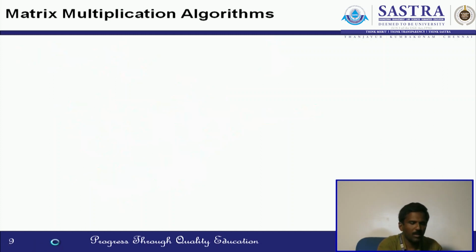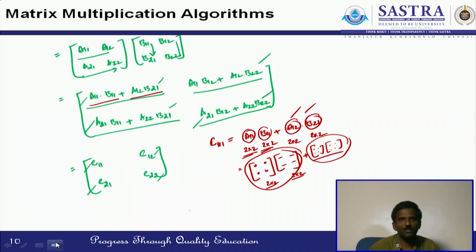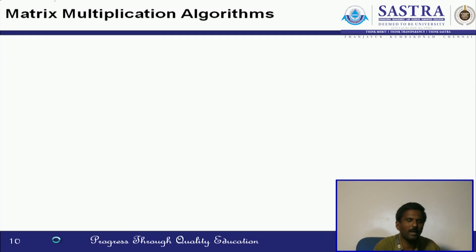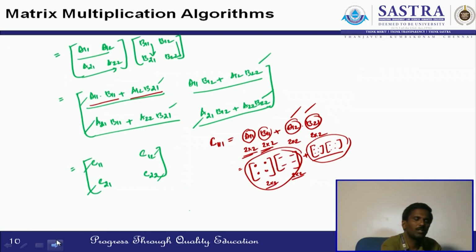Then just consider each matrix as a singular matrix, a matrix with only one element, one row, one column, a 1 by 1 matrix. Then you can find the product using conventional matrix multiplication.